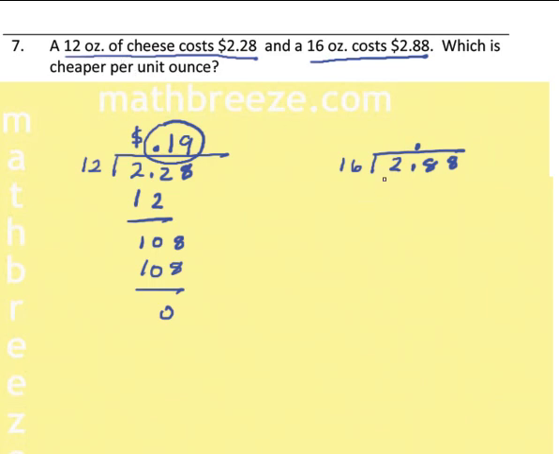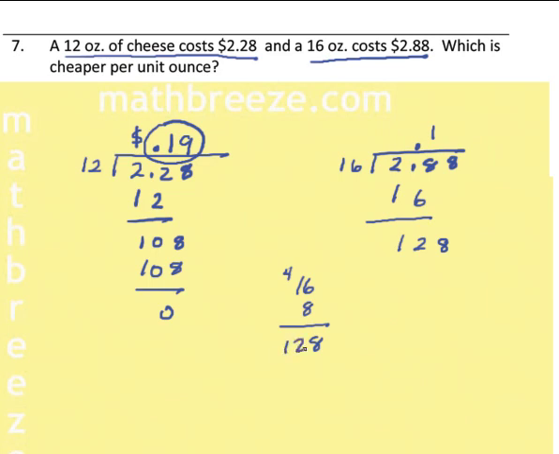And now for the 16 ounce, let's do this. Okay, one time. Okay, let's bring down the 8. And 16 into 128. Okay, let's try 8 times. Let's do 16 times 8. That's 128.